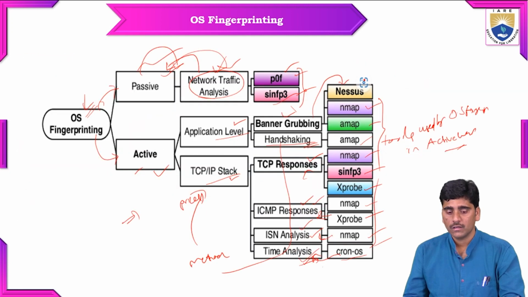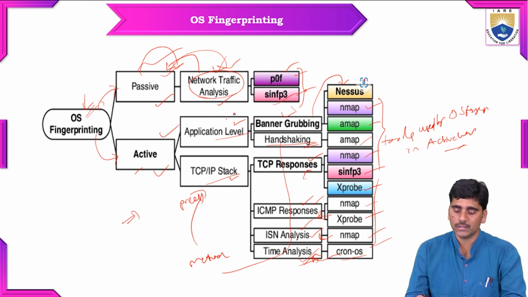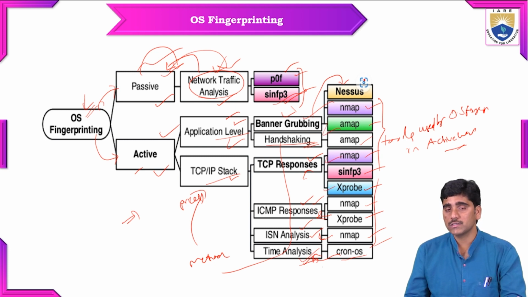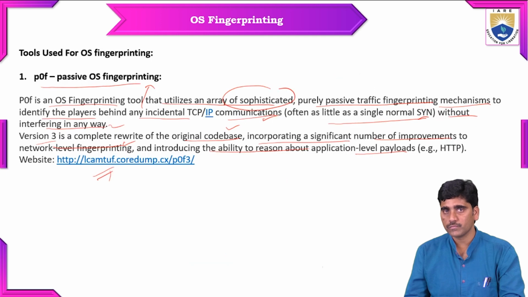And here is the architecture of OS fingerprinting, with the types, methods, tools and processes implemented to find what type of operating system is being used on another system.